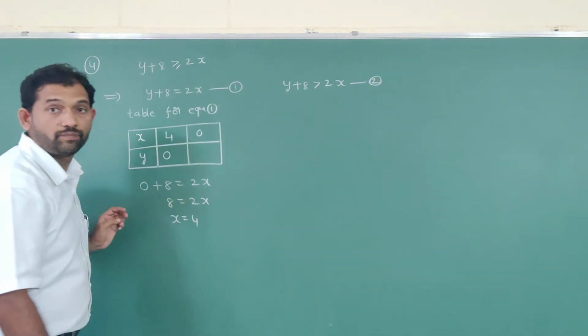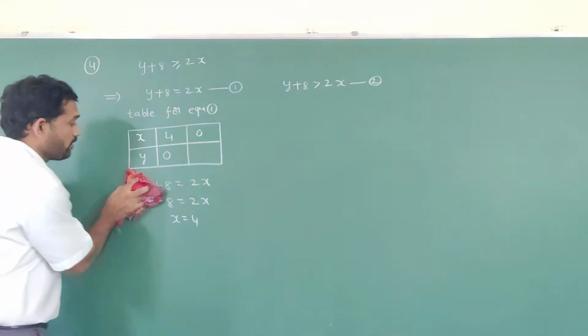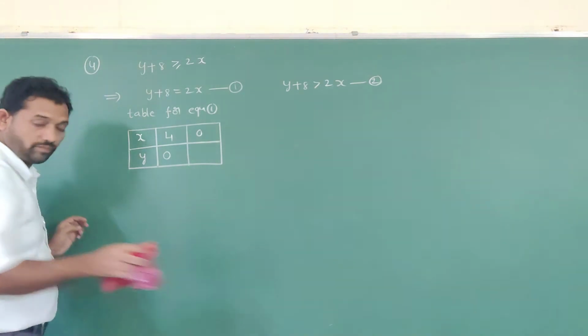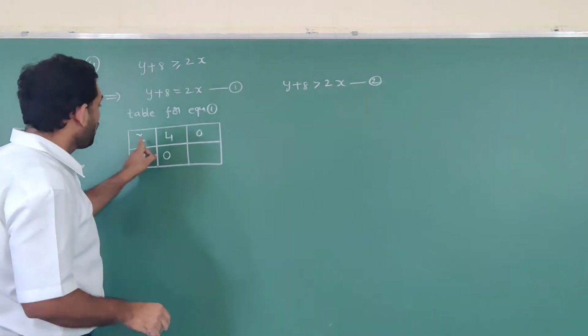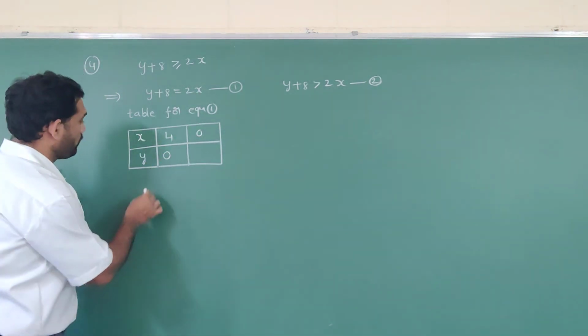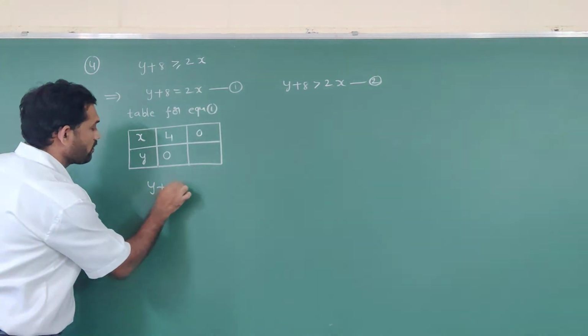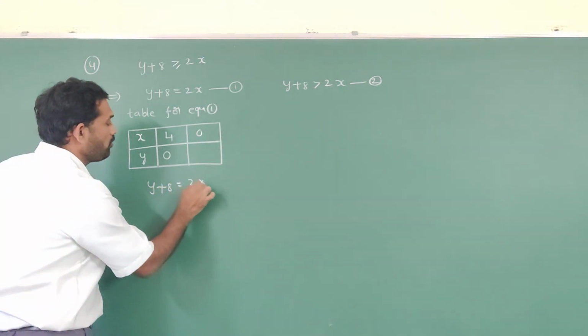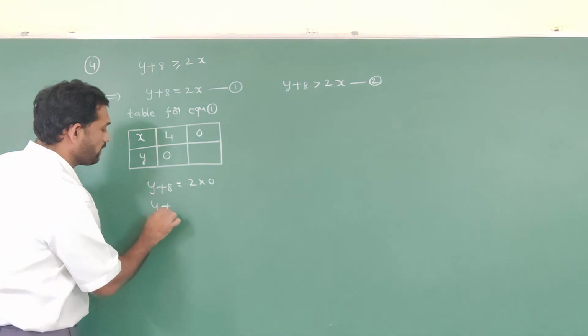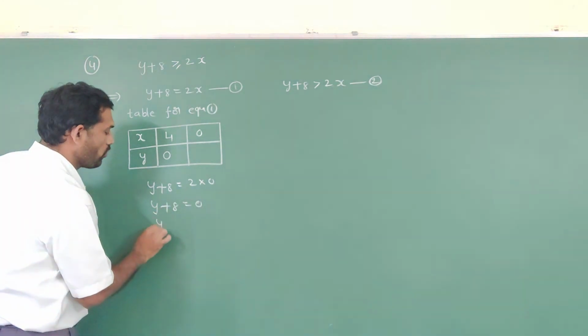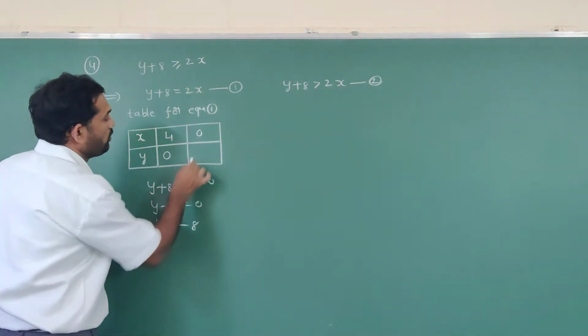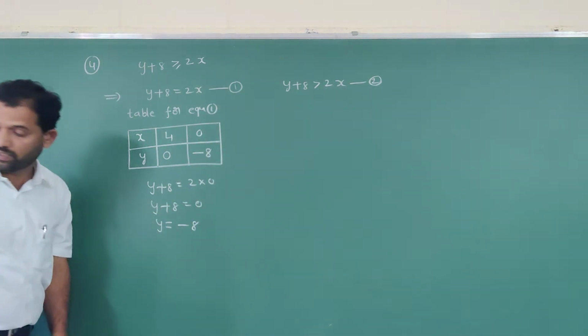Next point, substitute x equal to 0: y plus 8 equal to 2 into 0, so y plus 8 equal to 0, y is equal to minus 8.